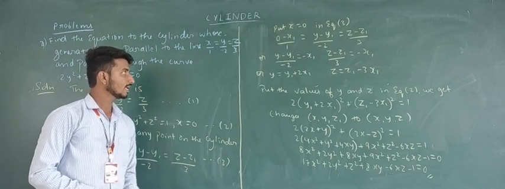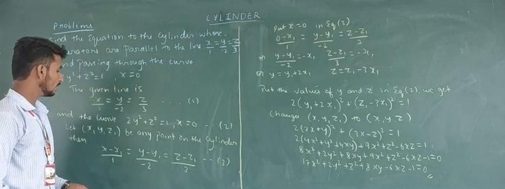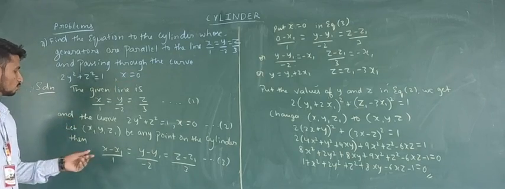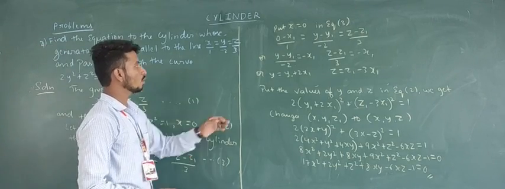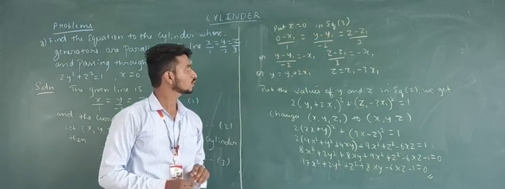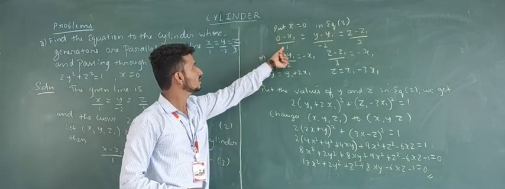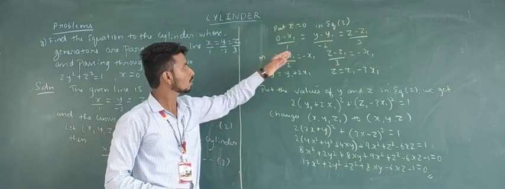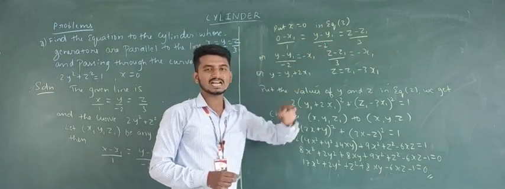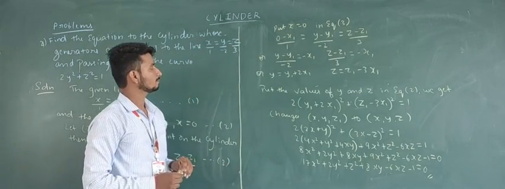We will denote this as equation 3. Next, in the condition they have given x equal to 0. So we put x equal to 0 in equation 3. That will be 0 minus x1 divided by 1 equal to y minus y1 divided by minus 2 equal to z minus z1 divided by 3.